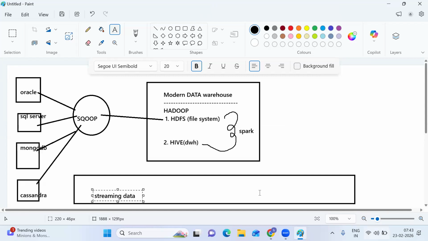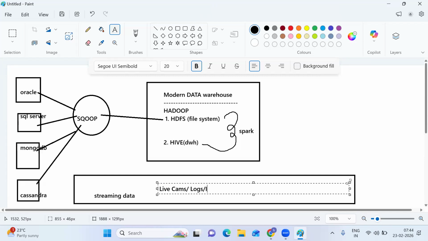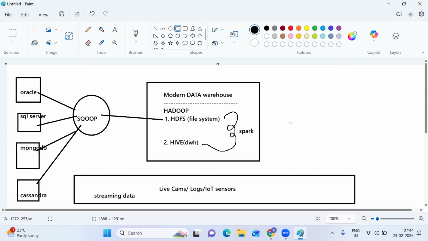Streaming data examples: maybe icons or logs, database logs or web logs, even IoT-enabled sensors. So all these events, they drag into Kafka. Here I am using Kafka.